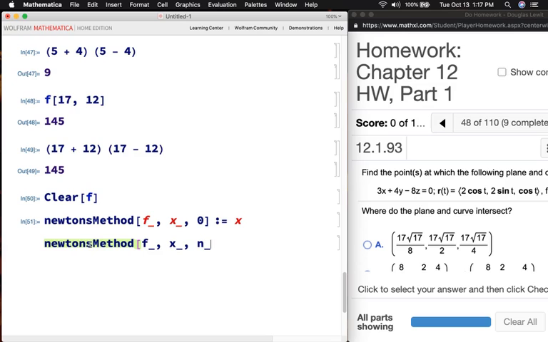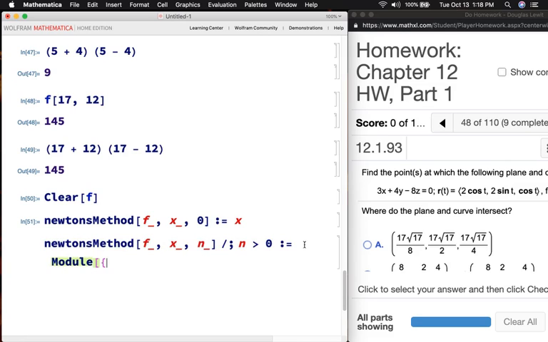Now, what if the number of iterations is greater than 0? This is the condition. This symbol right here means the condition is that n is greater than 0. Then I'm going to have a module.